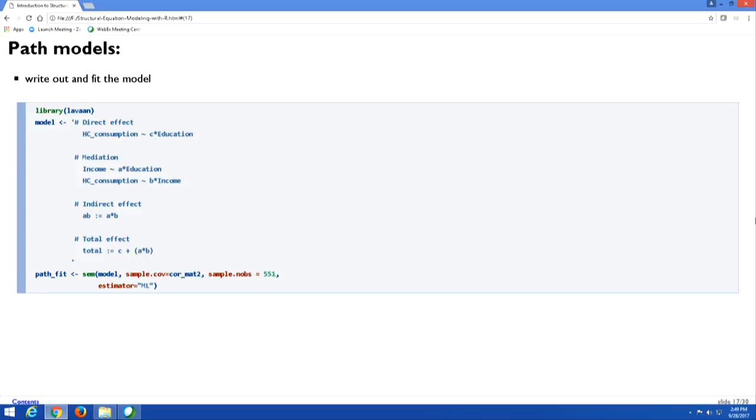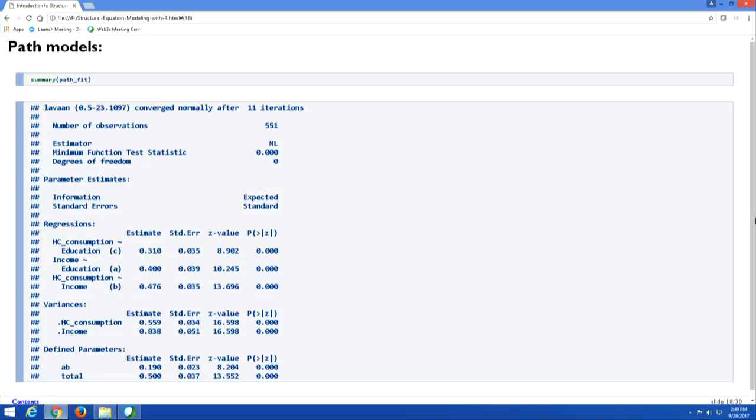You use sample.cov, and it doesn't distinguish between correlation and covariance. So you can use that argument, where cov stands for covariance, for correlation matrices. The number of observations here is 551. I made that up. And I'm telling it to use the maximum likelihood estimator. So I'm assuming a normal distribution, which probably is not the case.